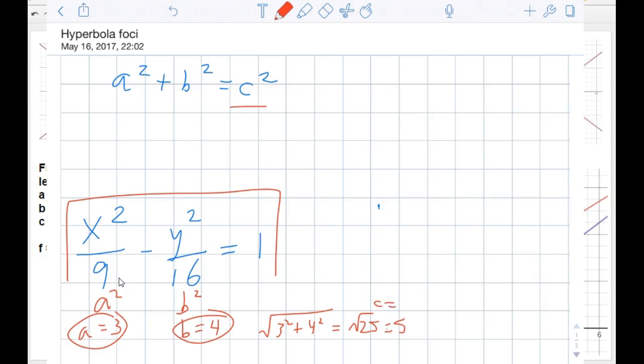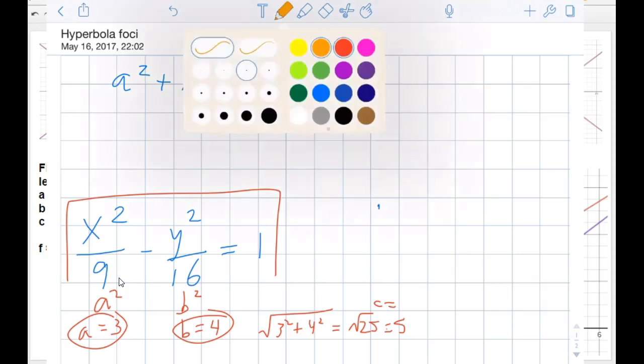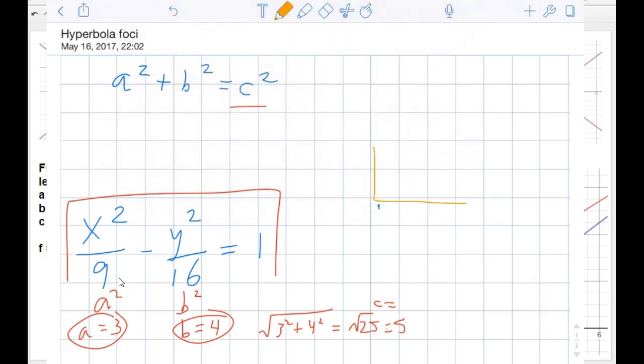Okay, if I know the c value is 5, if I'm going to sketch this hyperbola, I would draw the rectangle. And the rectangle is going to be 3 half width here, and 4 half height there. And then the distance from the center to the corner of this rectangle is going to be 5 because that's the c value, okay?